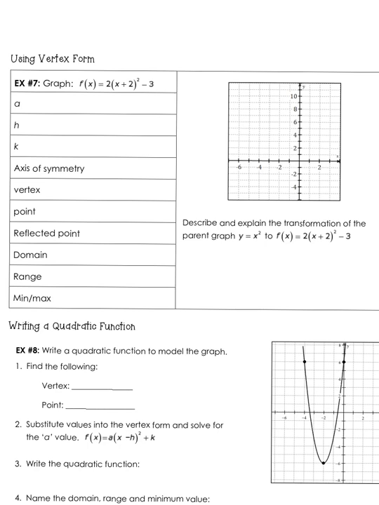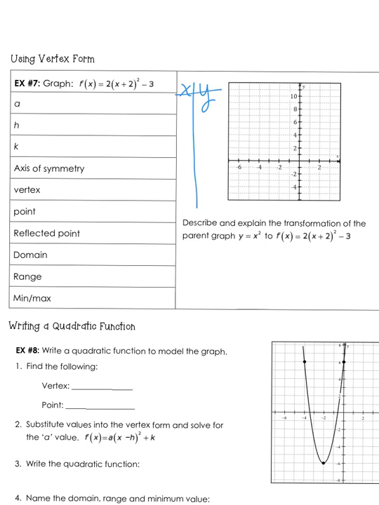So because of the left movement right here of 2, I can't use my normal -2, -1, 0, 1, and 2. I'm going to go 2 left of each of those values.